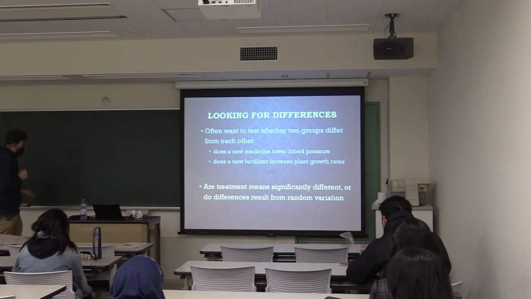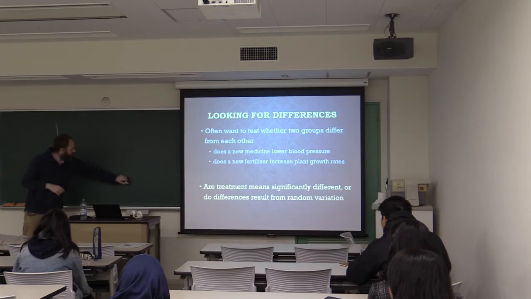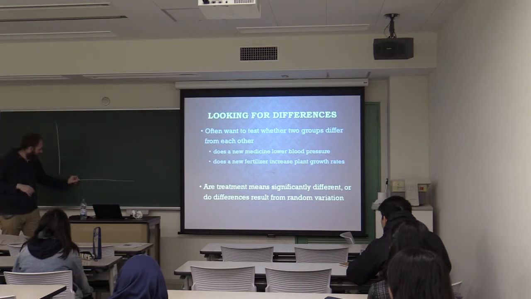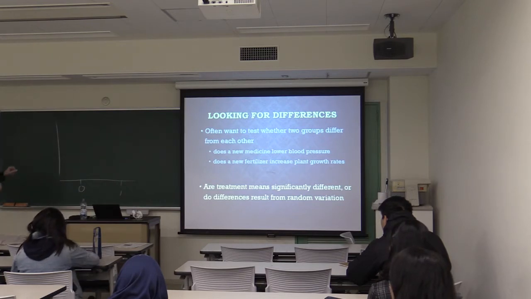I'll draw a little diagram on the board because I love diagrams. Okay, so let's imagine that we've got our two things here. We've got our control, which we're going to label 0, and our treatment, which we're going to label 1. Okay, and we've got, let's say, grass growth.